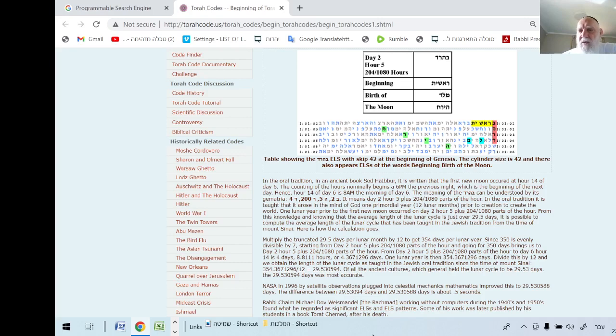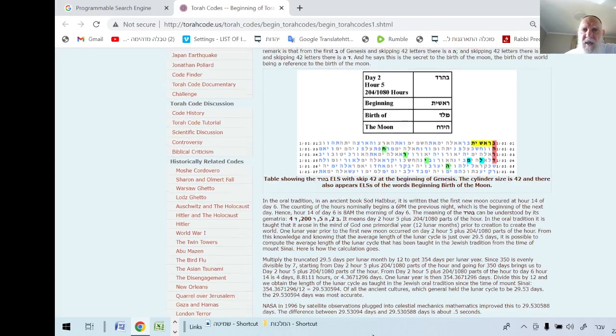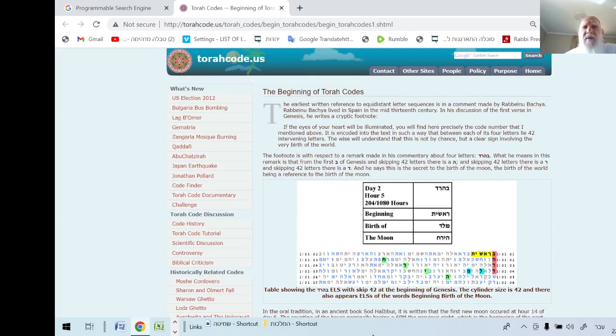So it is a famous idea that the Torah was a blueprint of creation, only the 5 books of Moses, and therefore everything which is happening in the world is there. So this is really very interesting, as this is really the beginning of the Torah code, the first Bible code, and Rabbi Weismandal saw it, and he understood that there must be a phenomenon of Bible code in the Torah, and he found many interesting ones.